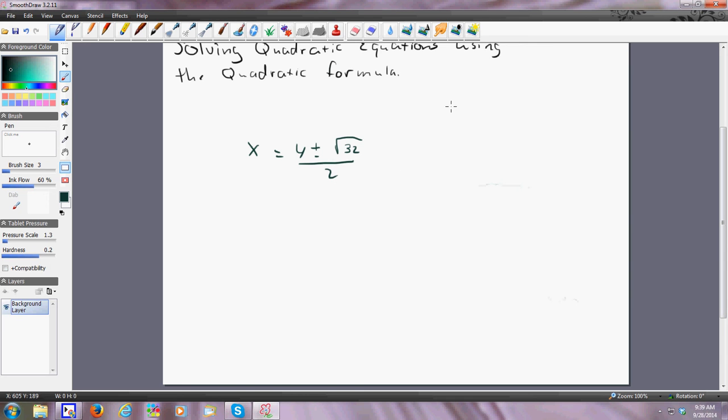Well, radical 32, and this is completely separate from everything else, square root of 32 is really square root of 16 times square root of 2, which really means that's 4 radical 2. So you'd end up with 4 plus or minus 4 radical 2 over 2. Because 2 goes into 4, into both, I got 2 plus or minus 2 radical 2.